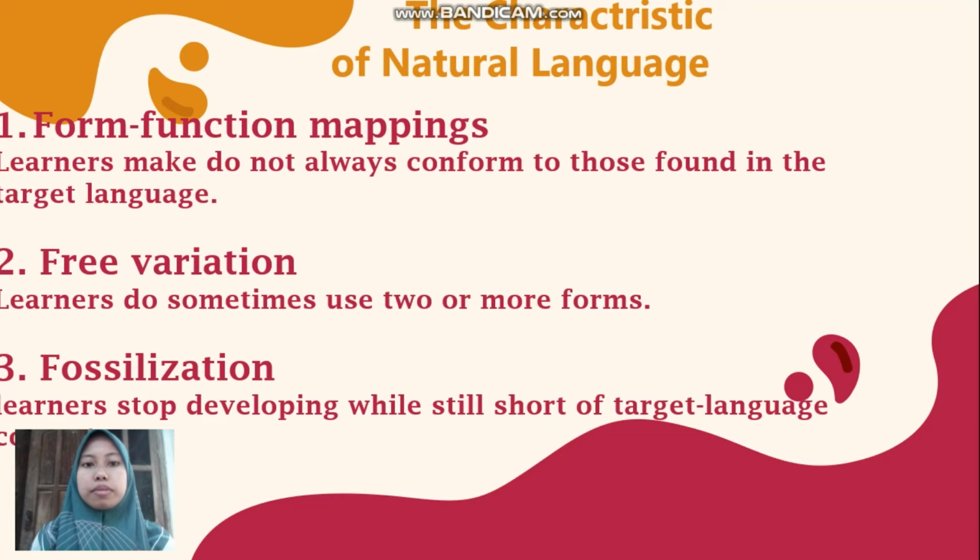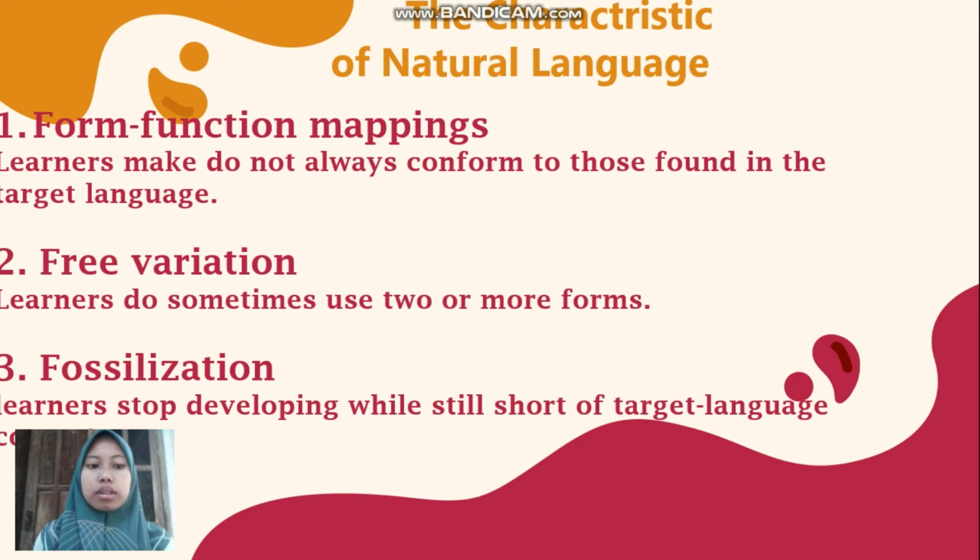The characteristics of learner language. The first, form-function mapping: learners' forms do not always come from those found in the target language. The second, free variation: learners do sometimes use two or more forms. The third, fossilization: learners stop developing while still short of target language competence.